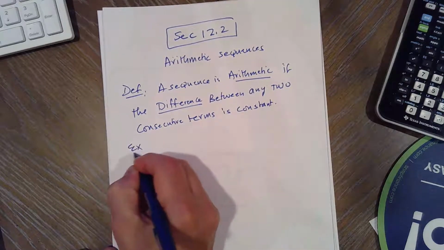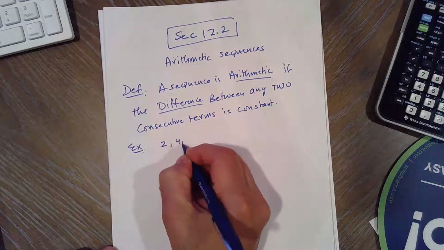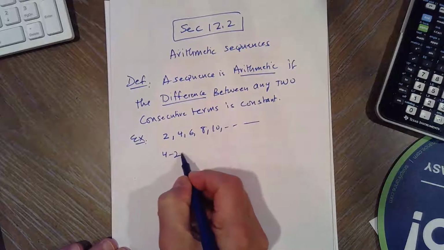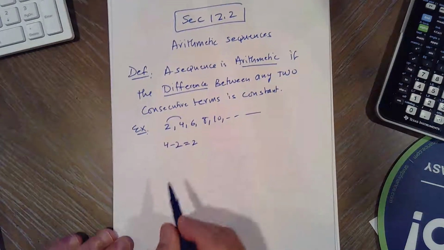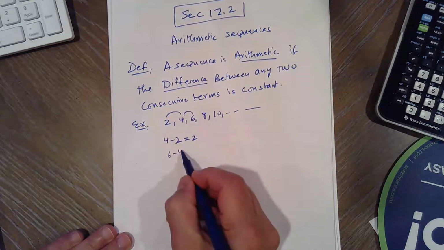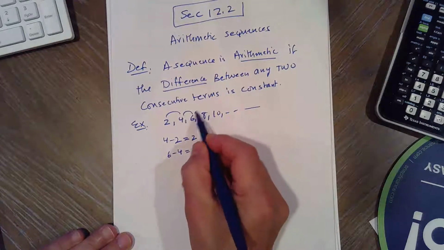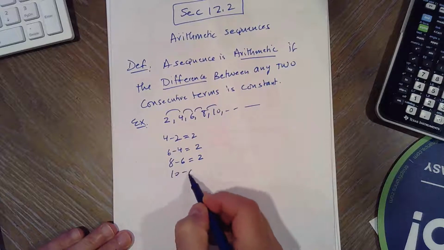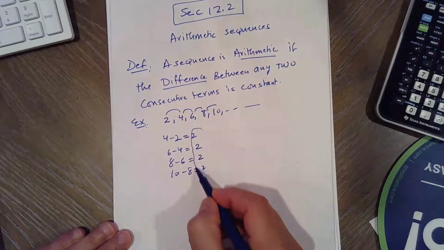For example, 2, 4, 6, 8, 10, and so on. 4 minus 2 is 2, consecutive terms. 6 minus 4 is 2. 8 minus 6 is 2. 10 minus 8 is 2. That's the constant that we're talking about.